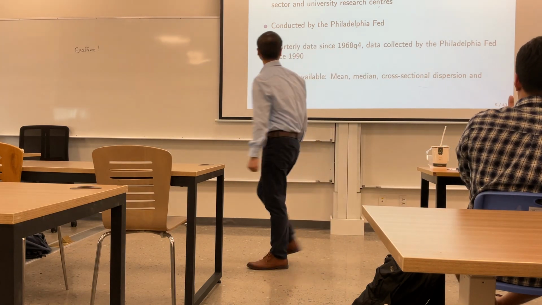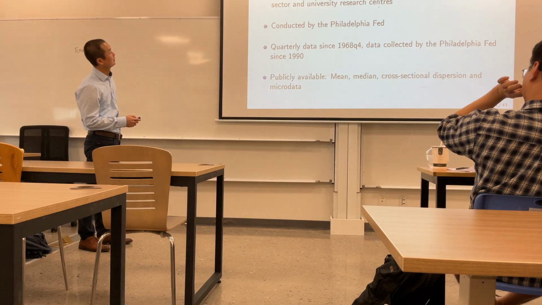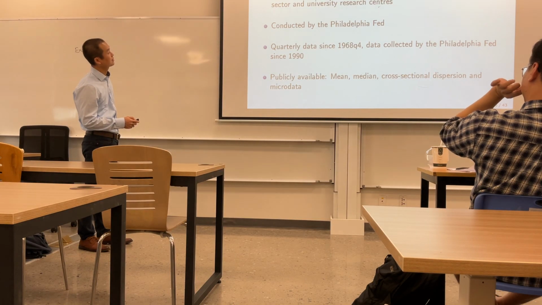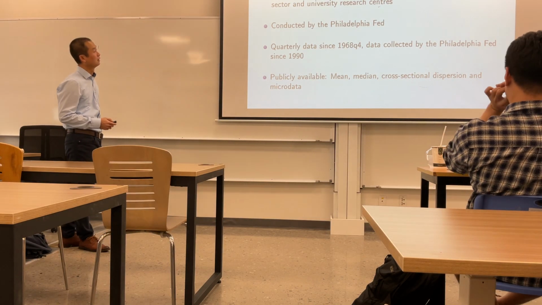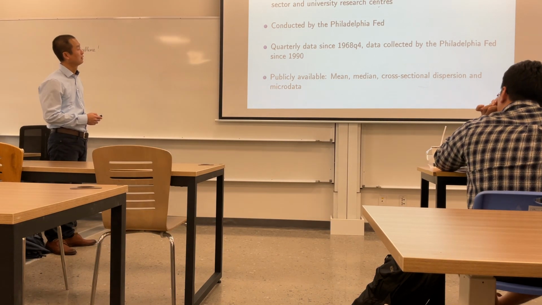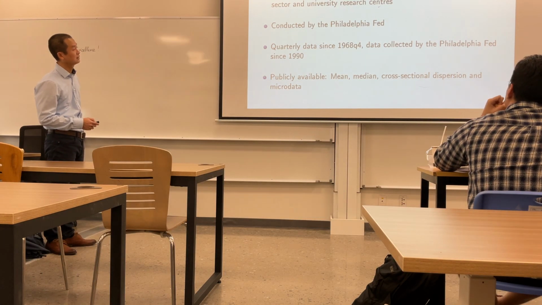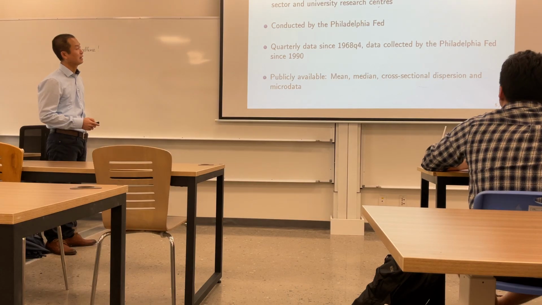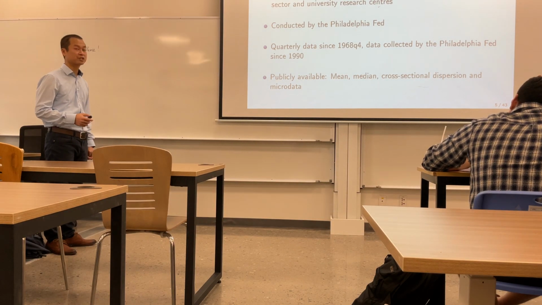So let's start with the first one, the Survey of Professional Forecasters, the SPF in the US. It's conducted by the Philadelphia Fed, a branch of the Fed system. The forecasts here are made by private sector economists in business and the financial sector and university research centers.